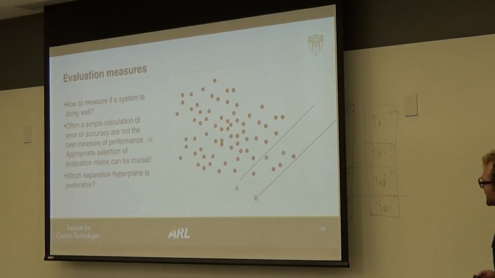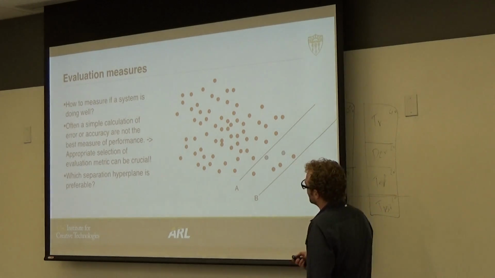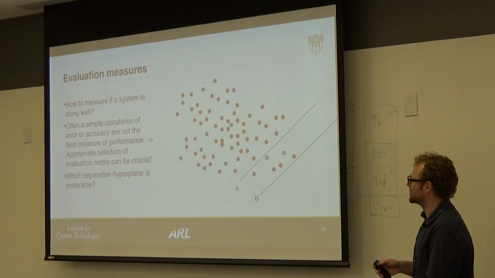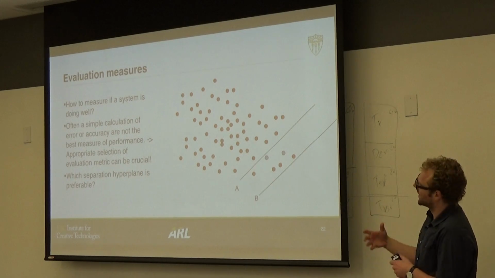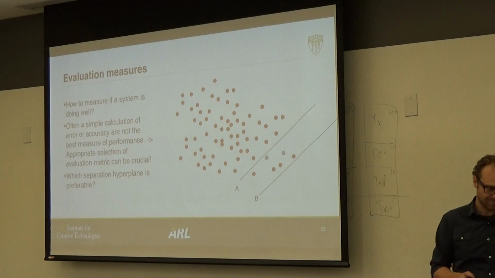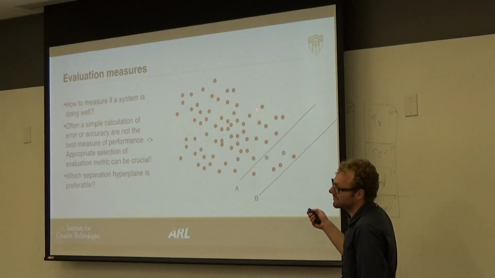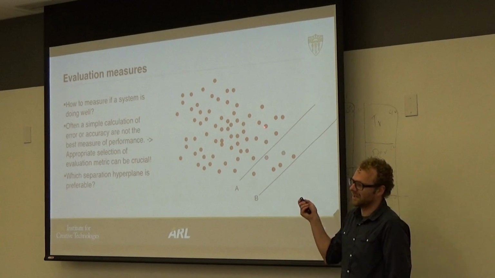So we answered that one, but you really want to be sure that you utilize the right metric for your data set. Oftentimes you're actually not interested in the majority class.